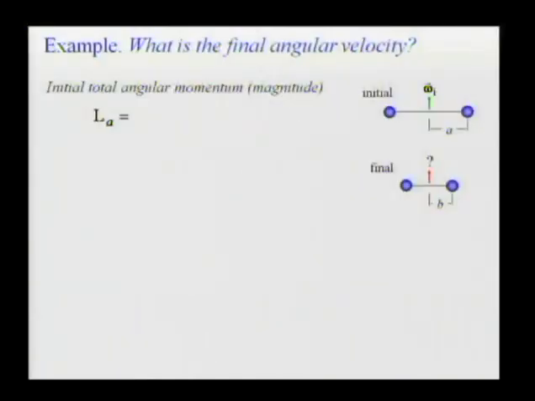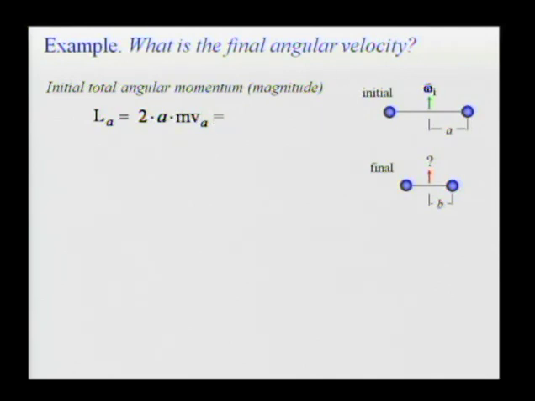All right, let's come back to this situation. The magnitude of the total angular momentum when the two particles are separated, moving along a path of radius a, is going to be 2 times the magnitude of the position vector, which is the radius, times the product of mass and speed, which is the magnitude of momentum, times the sine of the angle between the two vectors.